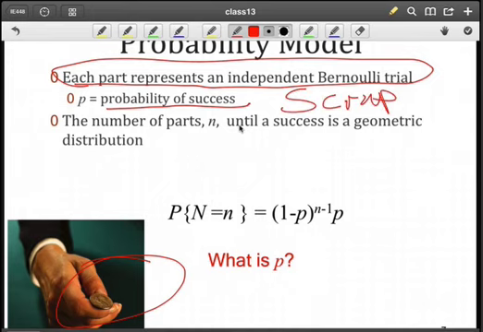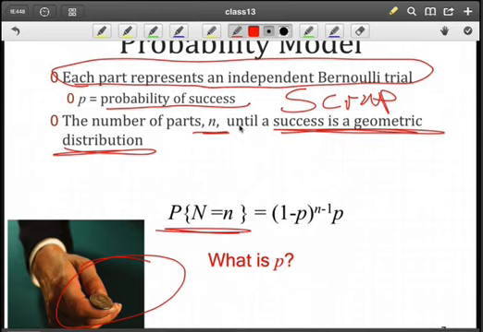Now, the number of parts until we have a success, as you know, is a geometric distribution. If you go back and look up the geometric distribution, what you're essentially saying is the probability that you will have a certain number of parts, n, until a success is based upon the probability of failure raised to the n minus 1. In other words, we're going to have n minus 1 failures and then 1 success.